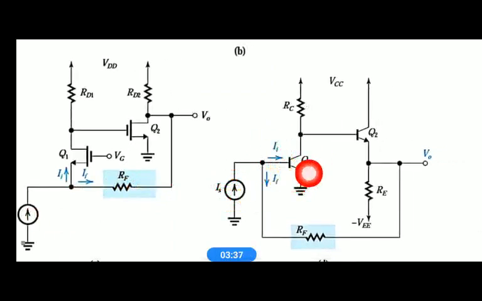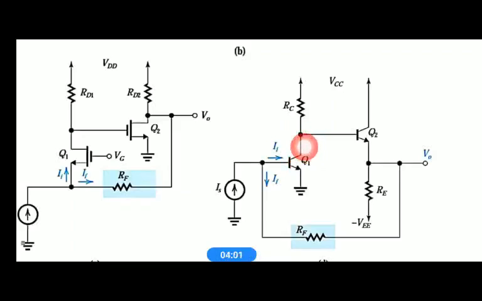You can see here we are using a BJT, an NPN BJT. Since this current is increased, that is the base current for Q1, it conducts more. When this conducts more, more current will flow between the collector and emitter. Hence the collector current will increase, meaning the collector voltage will get reduced.